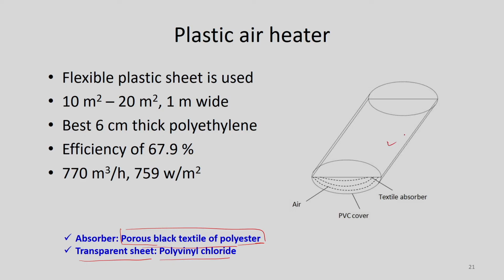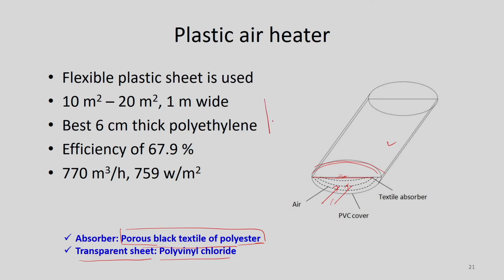So, this is a transparent sheet, solar radiation falls here, and the absorber is some kind of porous black textile of polyester. It is a black surface, this is the absorber plate, and air flows here. Okay. This is a plastic cover, but it is highly transparent, and air flows in between these. And it is a very flexible plastic sheet.